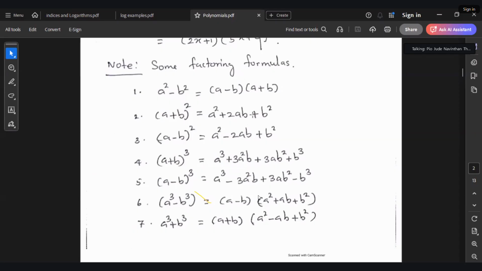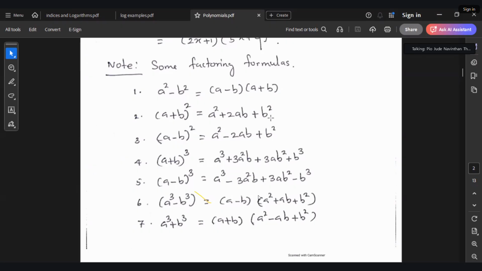So here, if you see the total degree, there is no b, but actually b0 is there. Total degree 2 plus 0, 2. Here a1, b1, so 1 plus 1, 2.